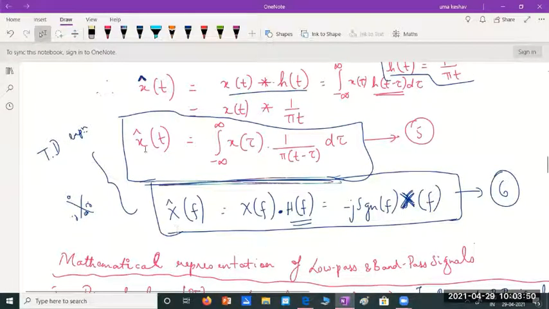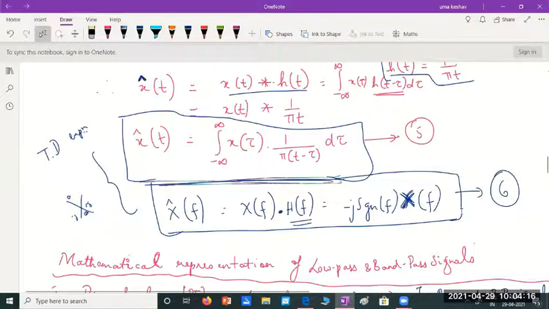In the frequency domain, the same signal can be written as x cap of f, which is the Fourier transform of the Hilbert transformed signal. So the Fourier transform of the Hilbert transformed signal is the given signal's Fourier transform x of f multiplied with the Fourier transform of the filter H of f.